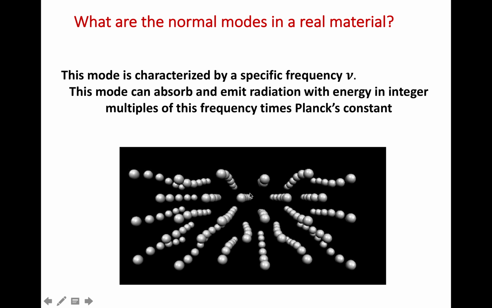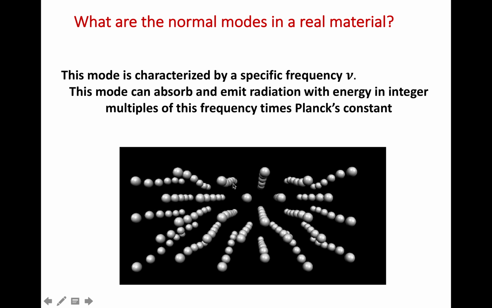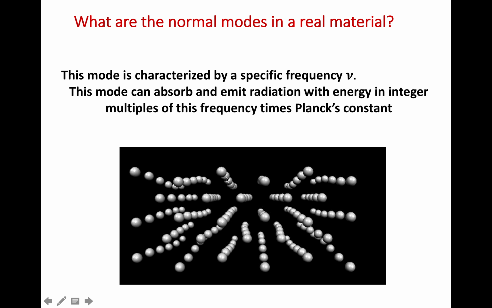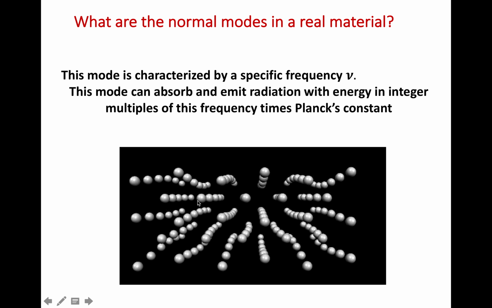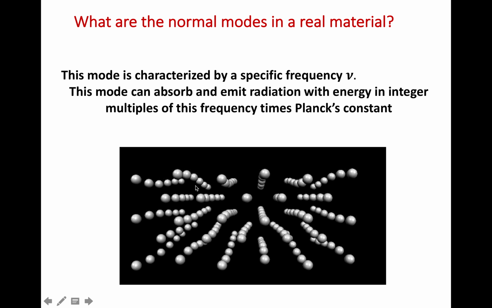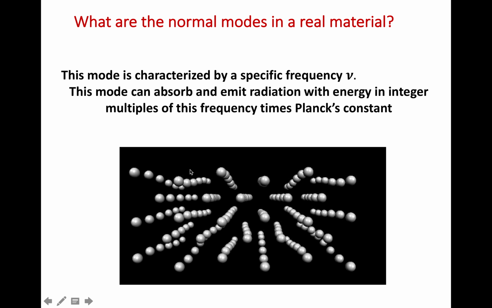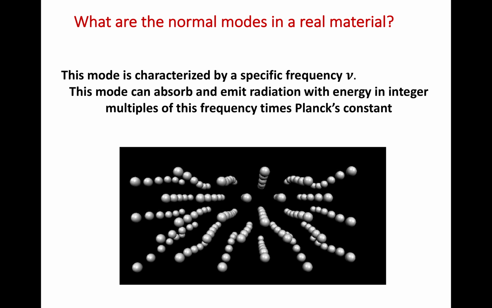And so what happens when I excite it to a higher energy state? Well, basically the amplitude of motion of this mode increases. So I'm still going to wiggle all of the atoms in this worm-like fashion in the same pattern, but the actual magnitude of displacement along this wiggle pattern is going to increase as I go to higher energy states of this particular mode.